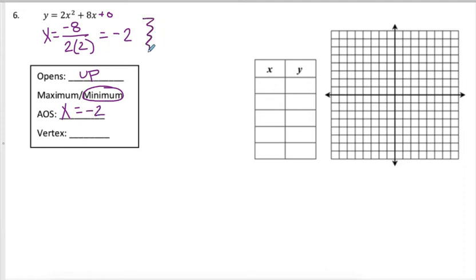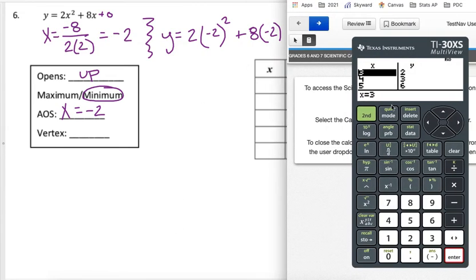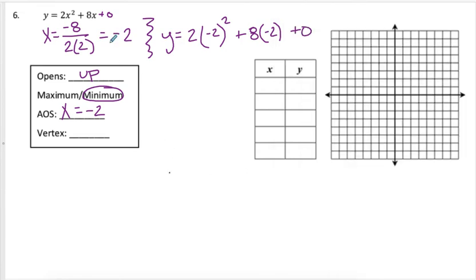And then let's find y. So y we're going to say is equal to 2 times negative 2 squared plus 8, x is negative 2, plus 0. There's no c value there. So in my calculator, I'm going to clear out my table here and go just exactly as I see it. And plus 0, even though I know it's not going to change anything, we get negative 8.